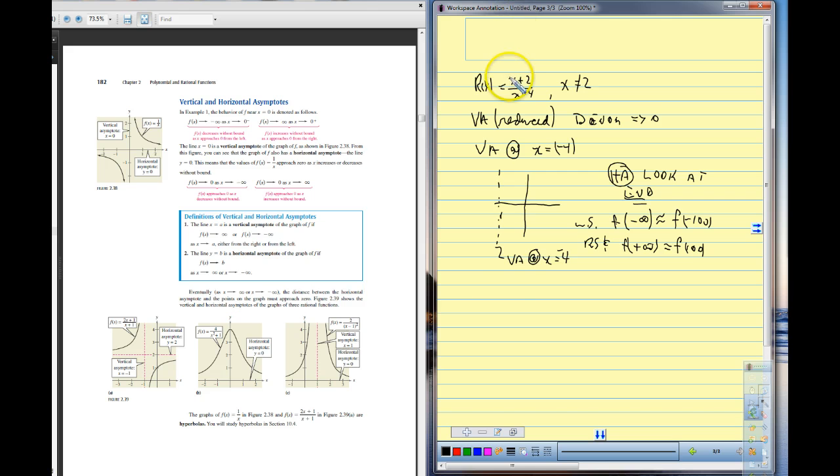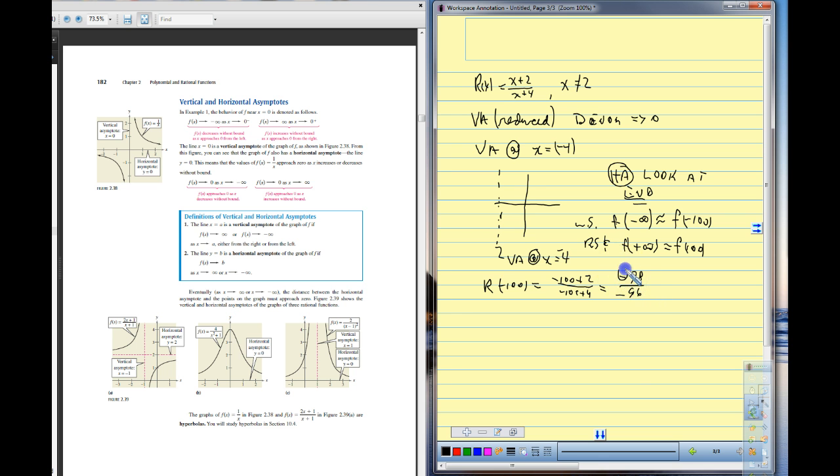So let's go ahead and do this one now. R of negative 100, which resembles negative infinity, is equal to negative 100 plus 2 over negative 100 plus 4. That's negative 98 over negative 96.